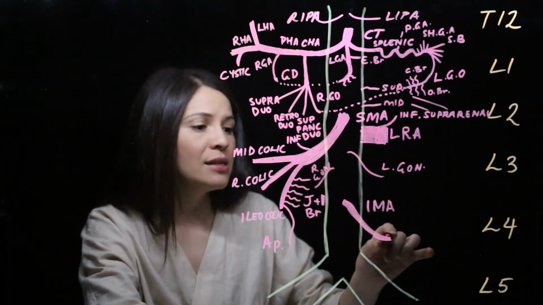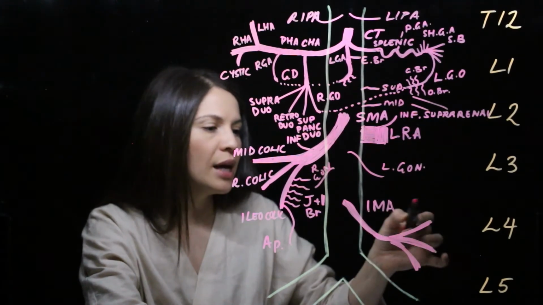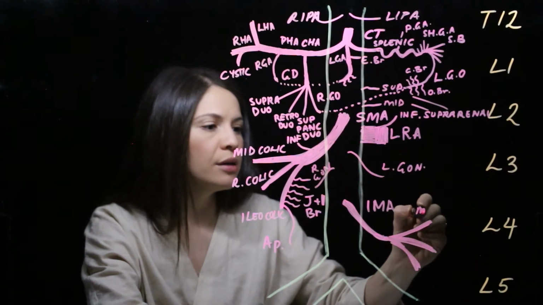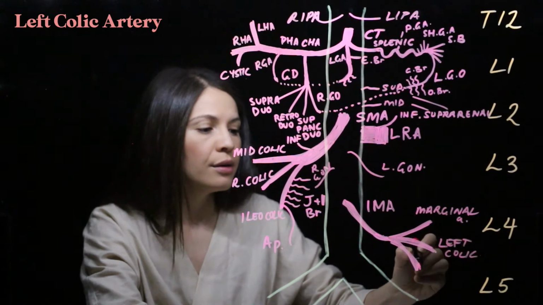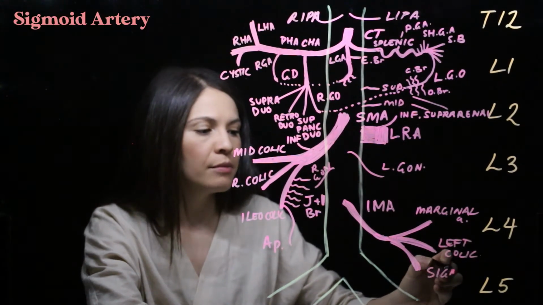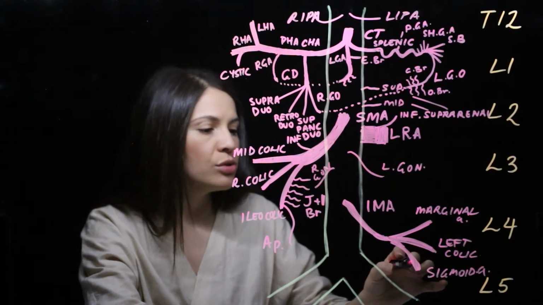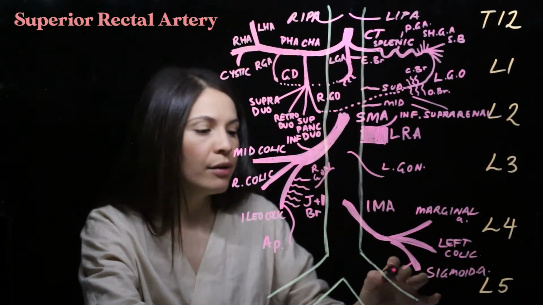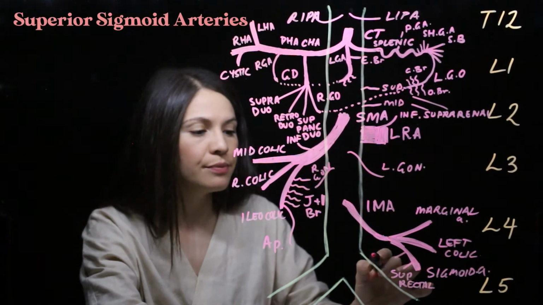And the inferior mesenteric artery has three main branches, and these are the marginal artery, the left colic, and the sigmoid arteries. The sigmoid artery is going to also give rise to the superior rectal artery and also the superior sigmoid arteries.